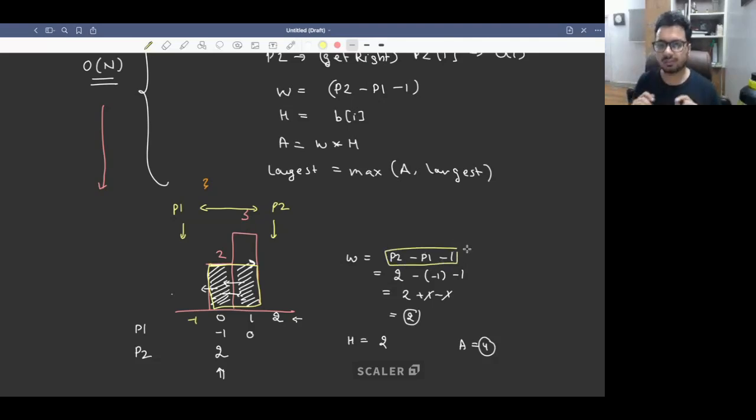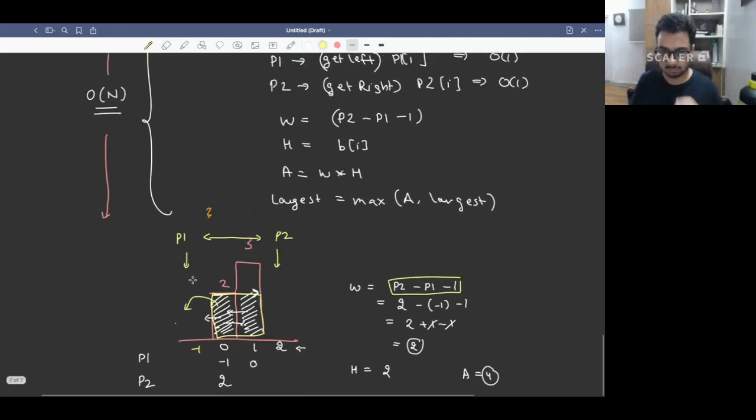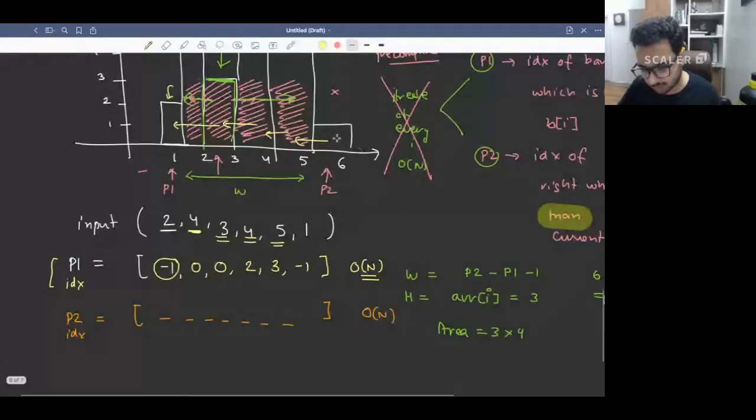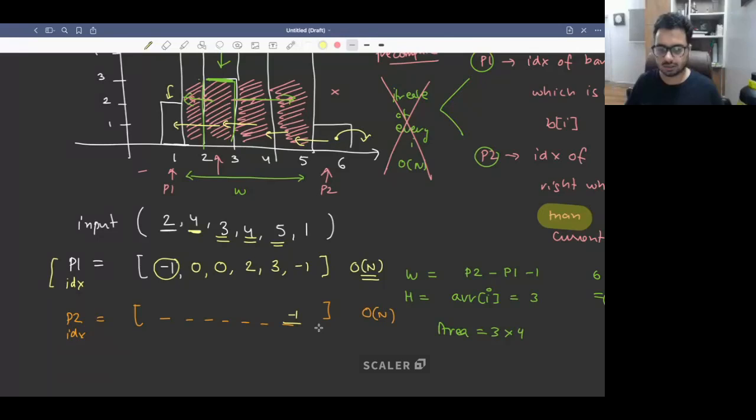So what I'm claiming is that when you're finding a smaller element to the left, if you don't get such an element, put a minus 1. But if you're finding a smaller element on the right, what should you put here? Should you put minus 1 or should you put 2? We should put 2.